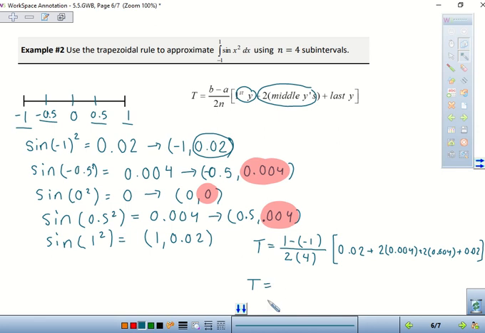So I end up with 0.02 plus 4 times 0.004 plus 0.02. And that's going to be 2, or 1 minus negative 1 is going to be 2. So times 2 divided by 8. And that gives me a really tiny value of this.